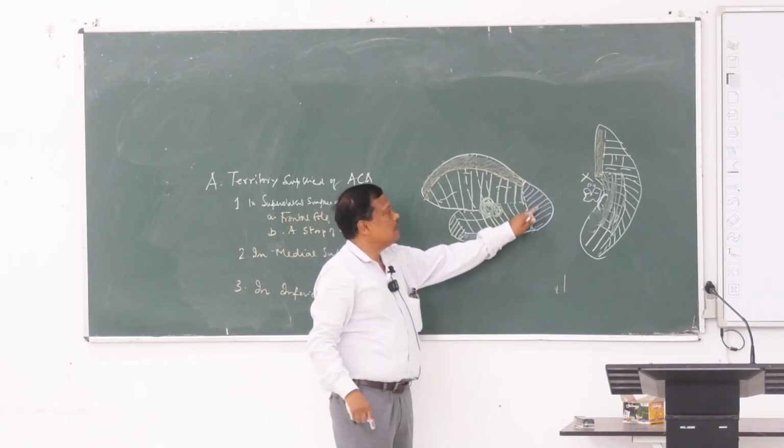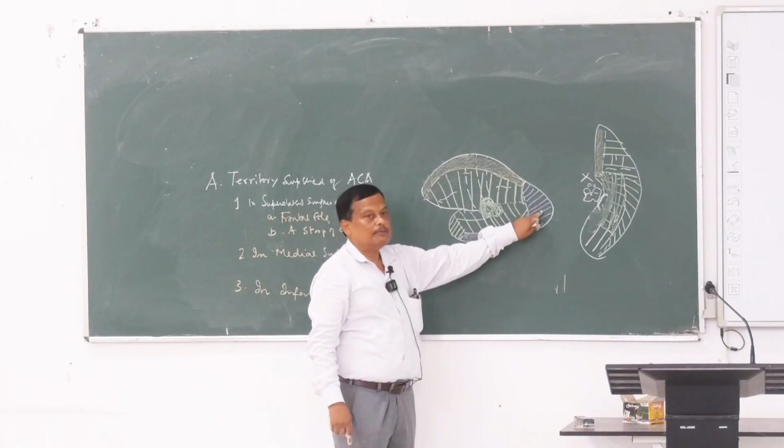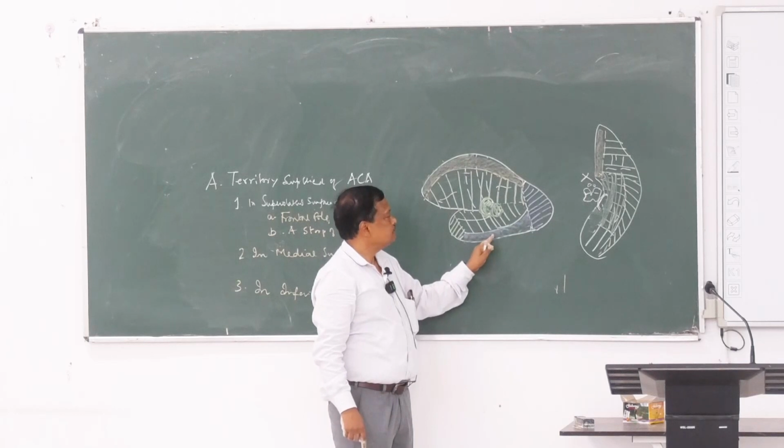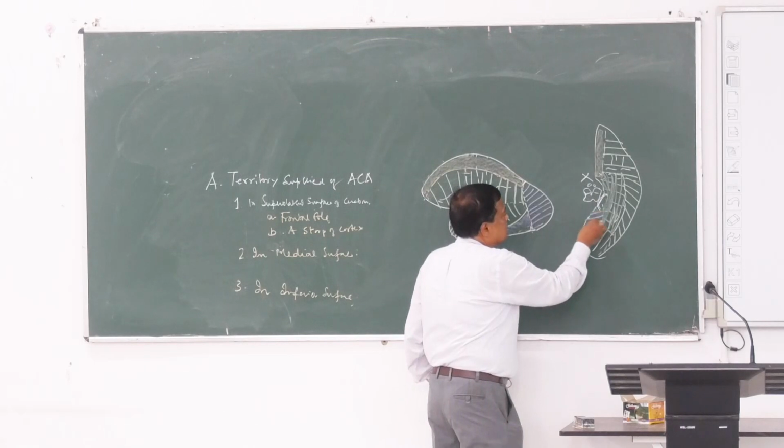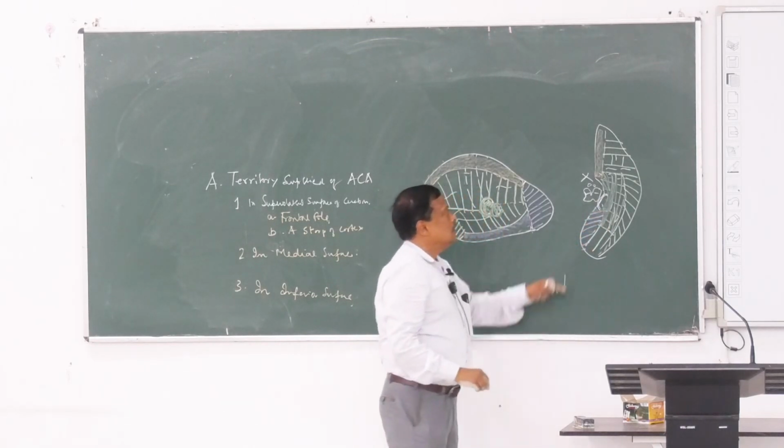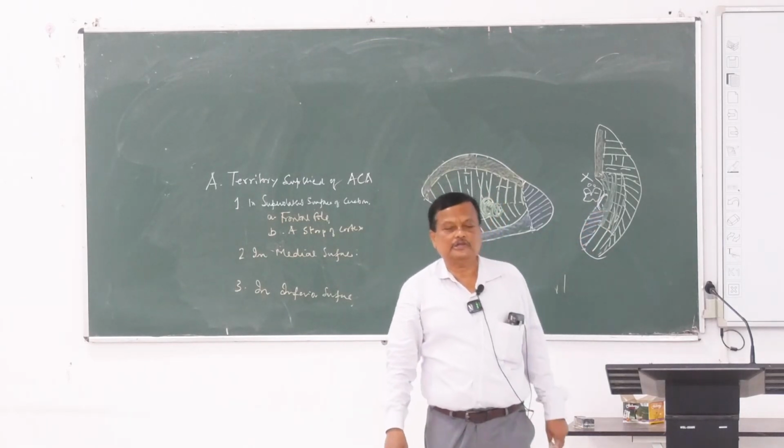Our posterior cerebral artery supplies the occipital pole and the inferior temporal gyrus, and this part of the inferior temporal gyrus in the inferior surface.